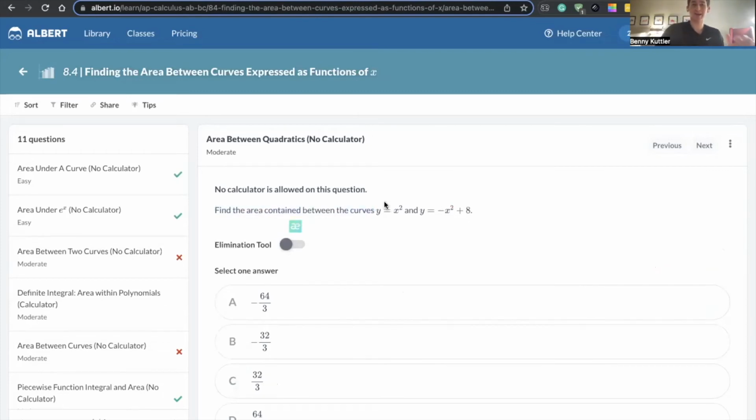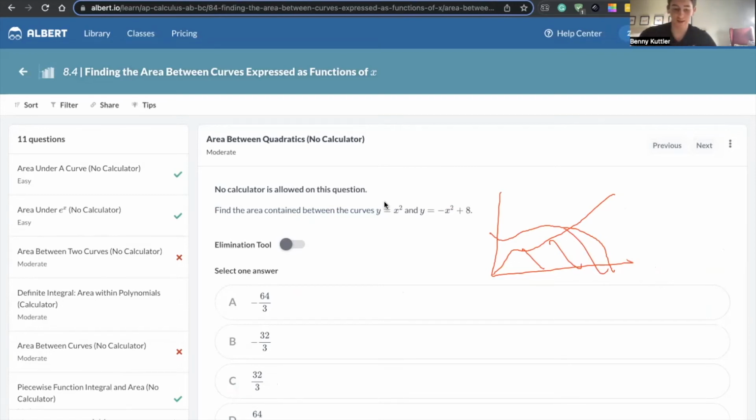Now we're looking for the area contained between curves. So imagine we had some function and some other function, and we want to find this area right here, enclosed by the two curves. The way we can do this, it's kind of like finding the area under the higher curve, and then you subtract the area under the other curve.